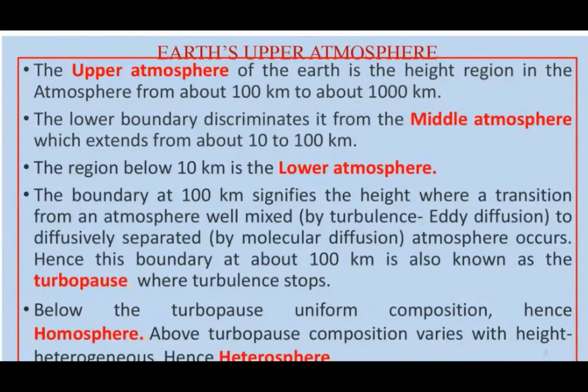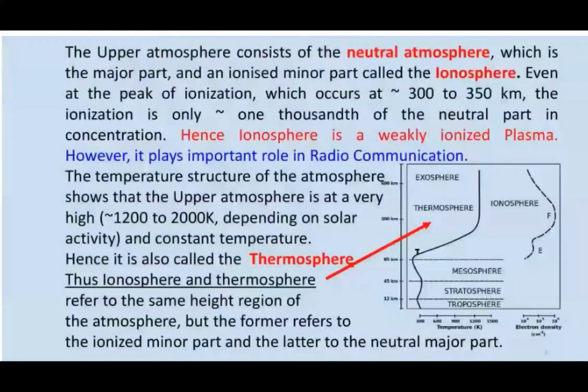So this boundary at about 100 kilometers is also known as the turbopause, where the turbulence stops. Below the turbopause, the atmosphere has a uniform composition and therefore it is called the homosphere. And above the turbopause, the composition varies with height, or it is heterogeneous, and therefore it is called the heterosphere.